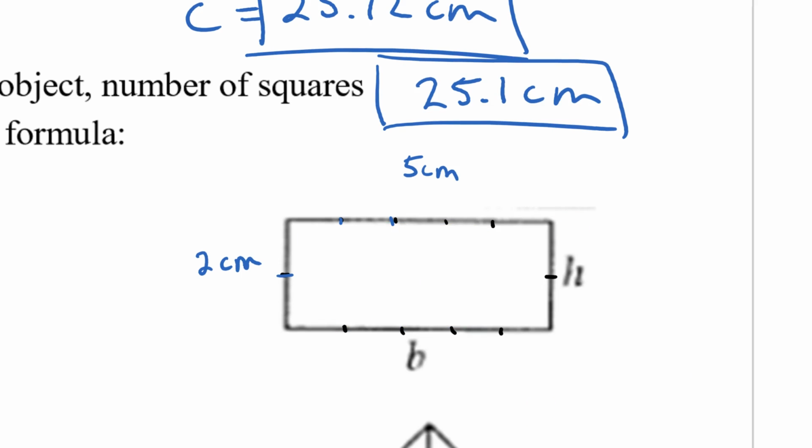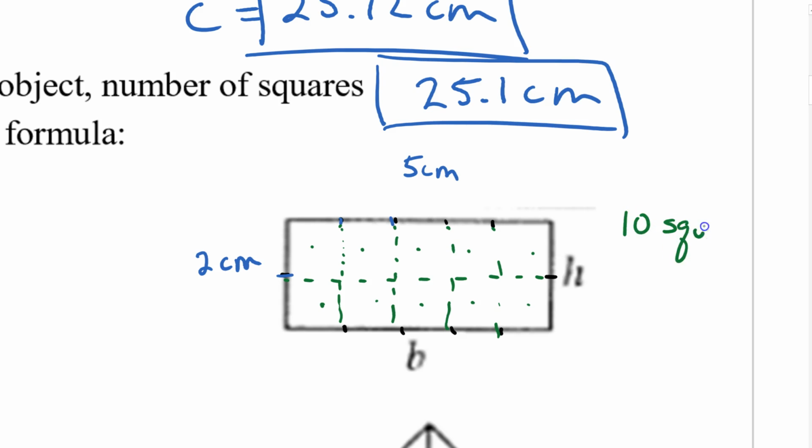Well, one way to think of it is if I were to draw some nice squares here, and I'll do it real quick here. Now, I didn't do a great job, but if we were to count the squares, right, we'd get 1, 2, 3, 4, 5, 6, 7, 8, 9, 10. We would get 10 squares. And I made each square to be 1 centimeter by 1 centimeter.